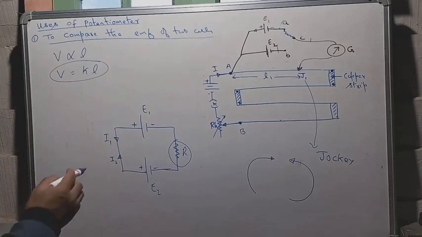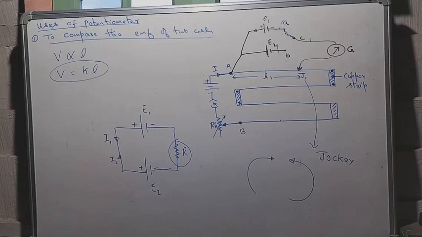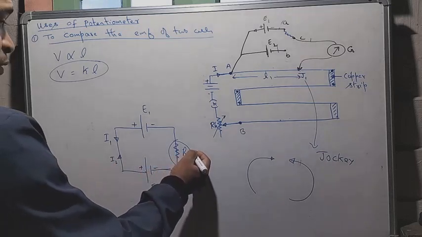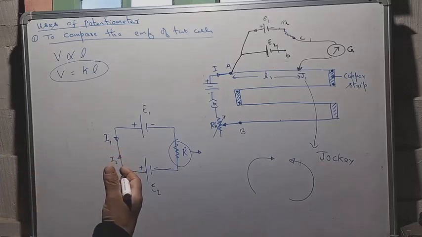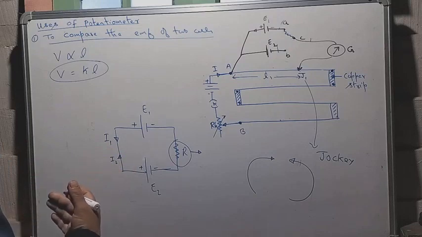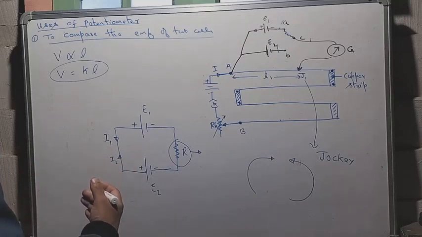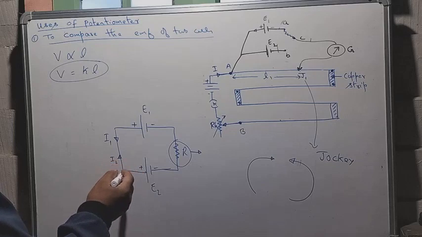But because the two currents are in opposite directions, they will interfere with each other, and the current at this external resistance will be the current due to one cell only. So how is that possible? For that, we will imagine it this way.